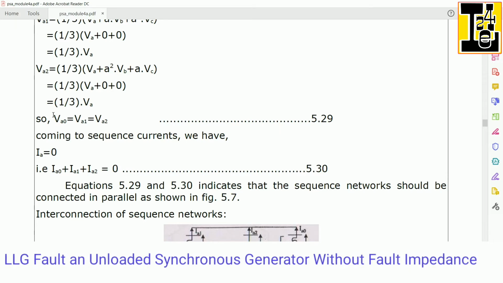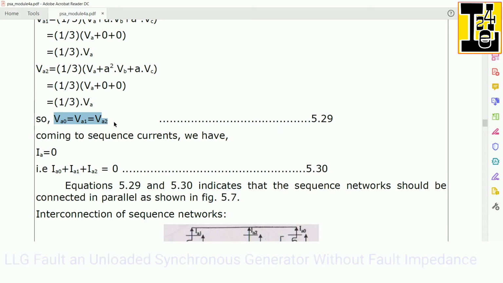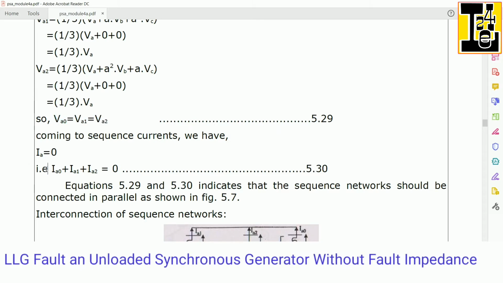This sequence terminal voltage relation and the sequence current relation indicate that the networks should be connected in parallel.